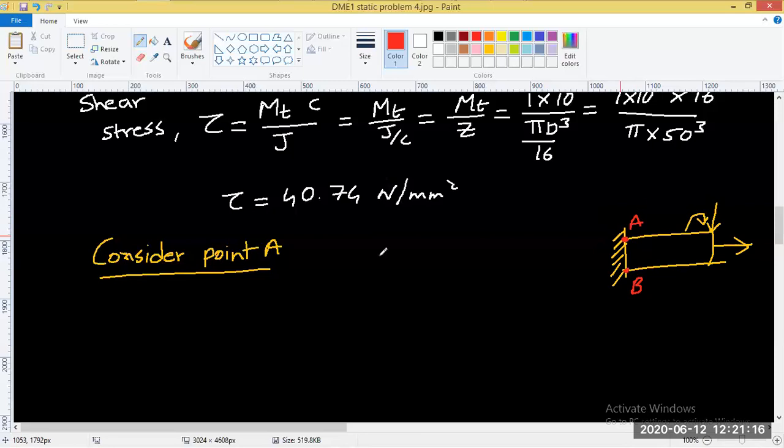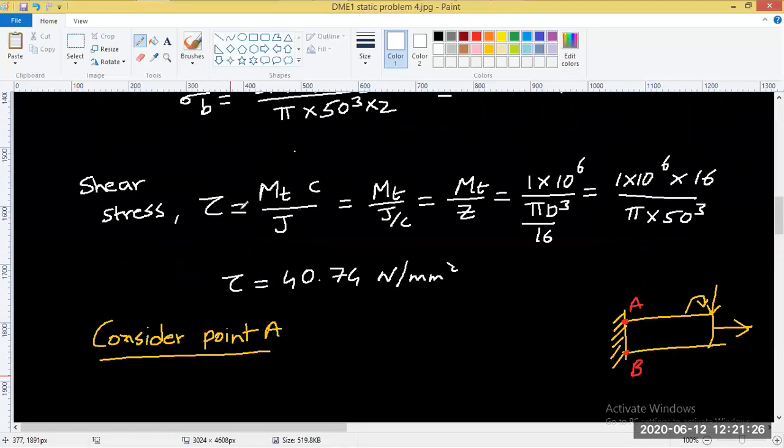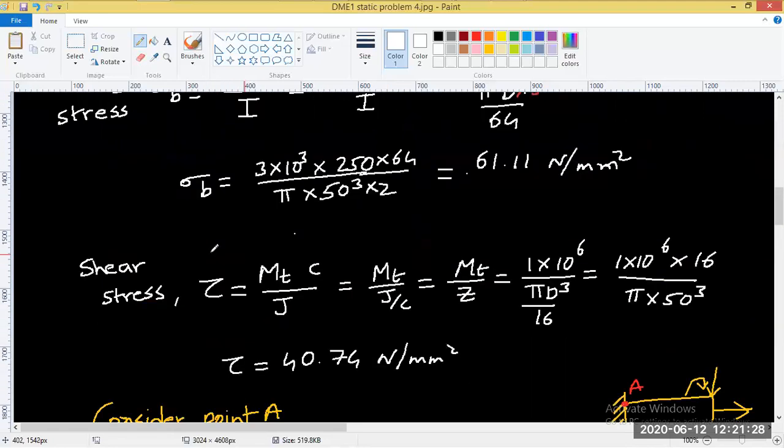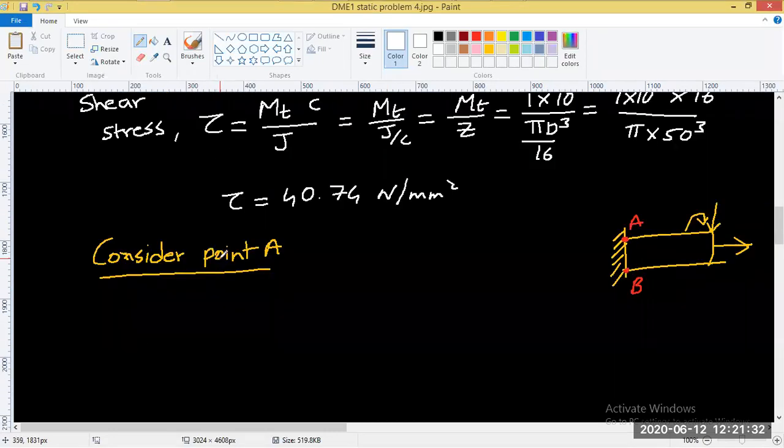When we are starting with point A, let's see the stress values. We have axial, bending, and shear, so three kinds of stress values. Because of that, we can only link this using the principal stress equations.